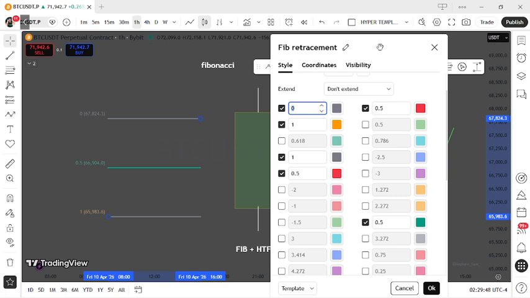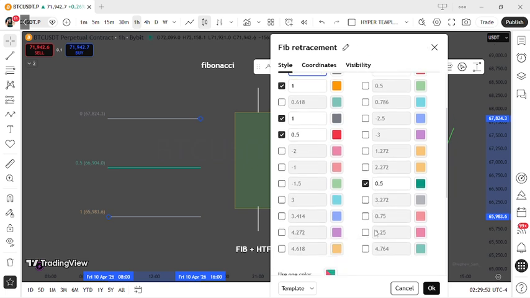Now there are other points in the Fibonacci that you can also add if you are interested. That is the 0.25 and the 0.75 levels. So I will just add them and show you what the 0.25 and the 0.75 do.